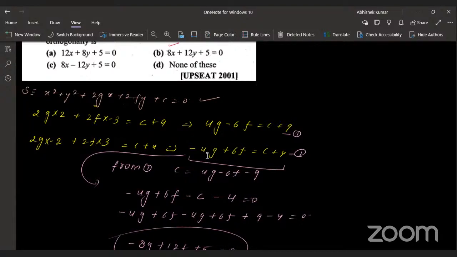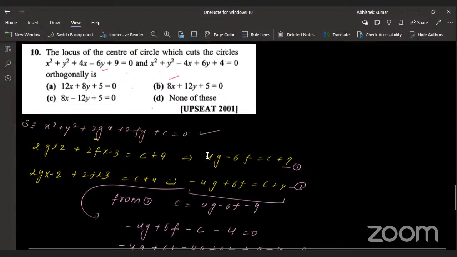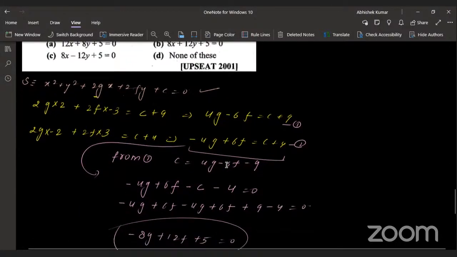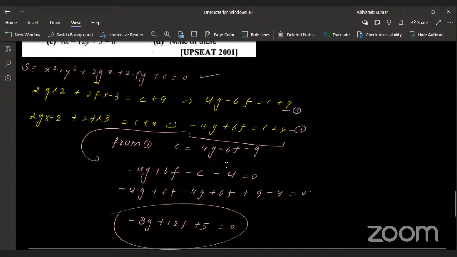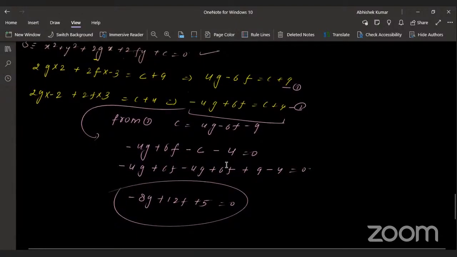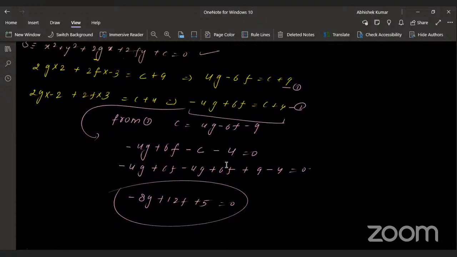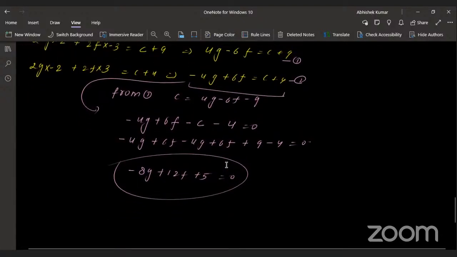Tell me, how did it come? Then I took minus common, but I did not pay attention to the 5, so my C came wrong. Right? 2g minus 2 will not come at all. 4g minus 6f plus 9, minus 4g plus 6f, c plus 4, C is 4g minus 6f minus 9. I have substituted here: minus 4g plus 6f minus c minus 4 is equal to 0.